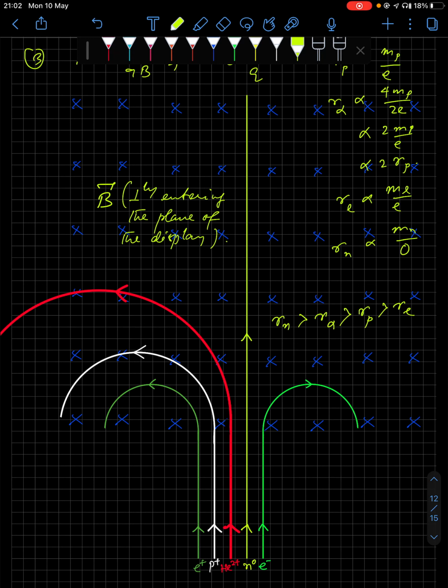The difference between the deflection of electron and positron is that the positron will deflect along the left.